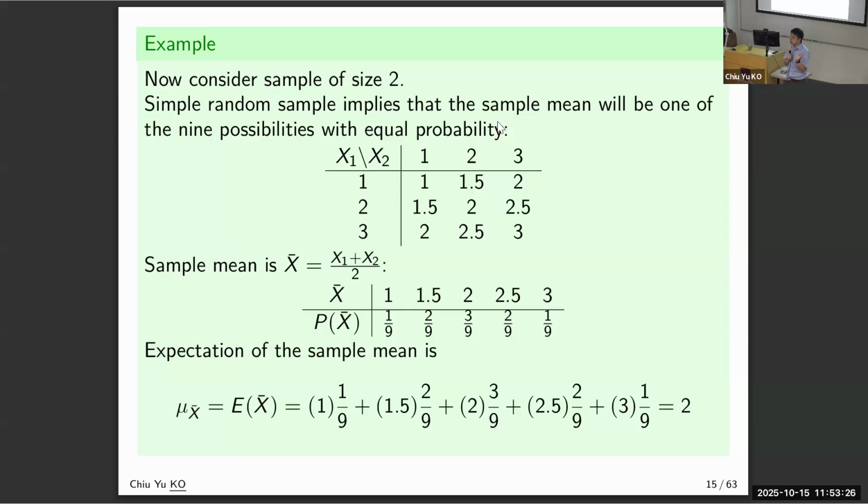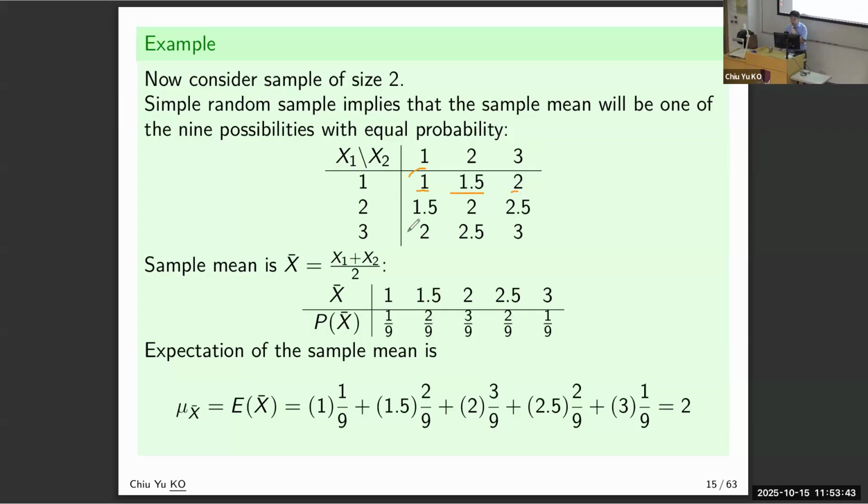You can get 1, 1, or you can also get 3, 3. If you get 1, 1, the sample average is 1. If you get 1, 2, the average is 1.5, because 1 plus 2 divided by 2. If you get 1 and 3, you get 2.